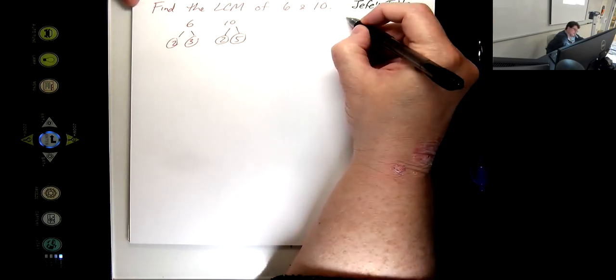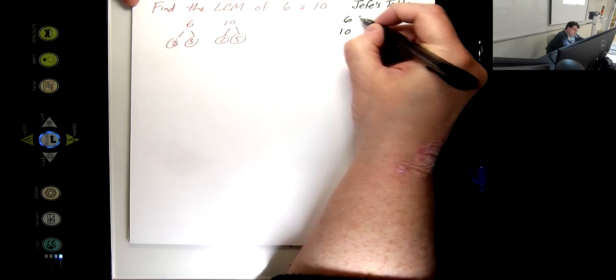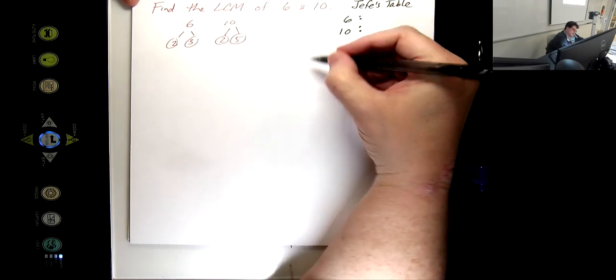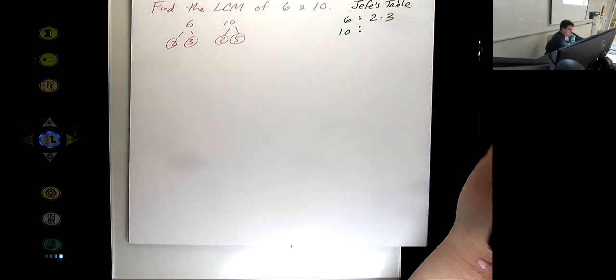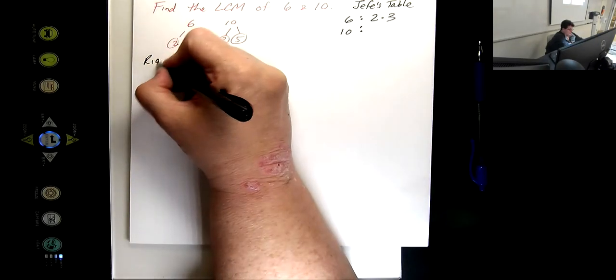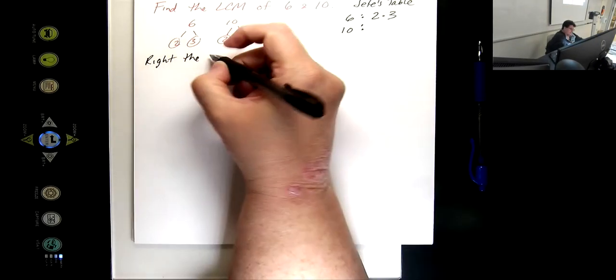What we're going to do is write down both the numbers we start with. And we're going to write the first one's factorization. 6 is 2 times 3. So write the first number's factorization.